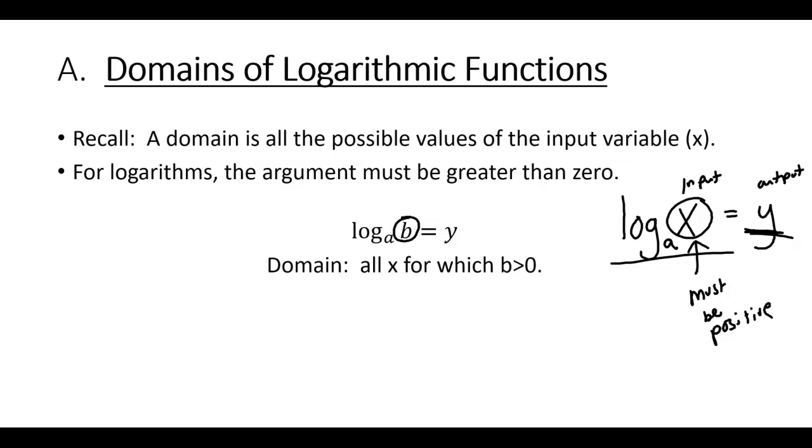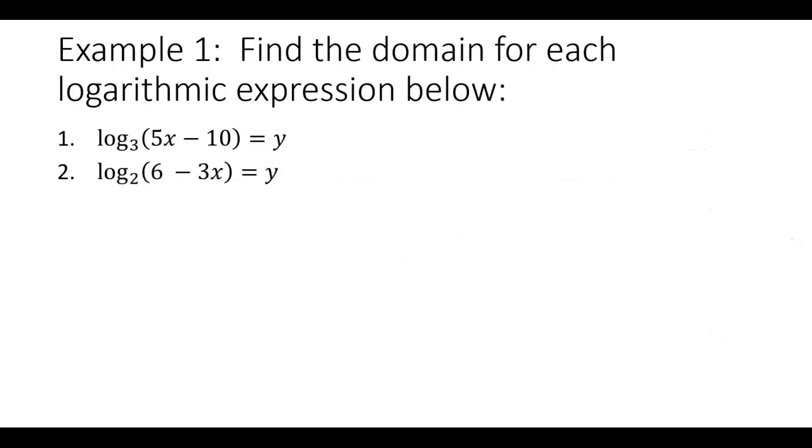But the point is whatever's right there has to be positive. And the way we write that is that the domain is all the possible values of x which allow the argument, the letter b there, to be greater than 0. In other words, positive.